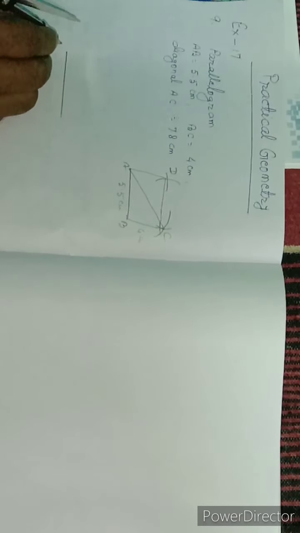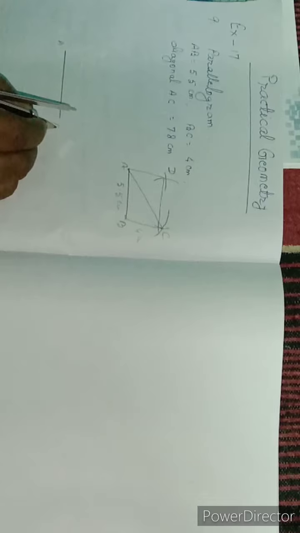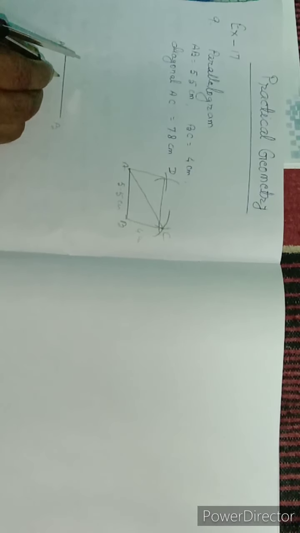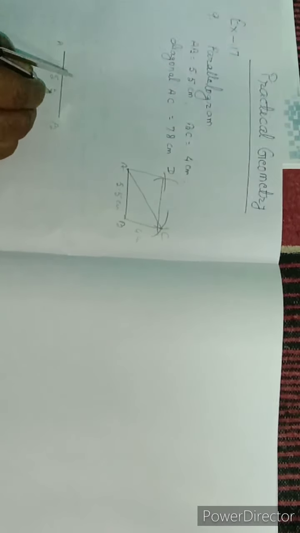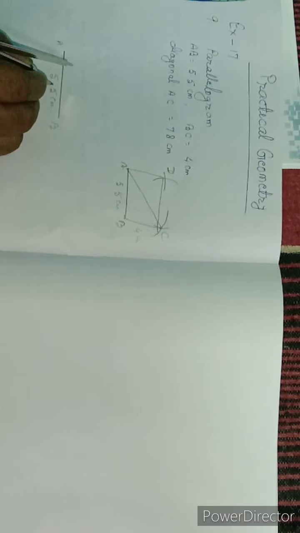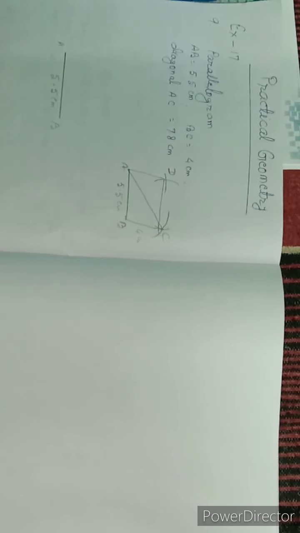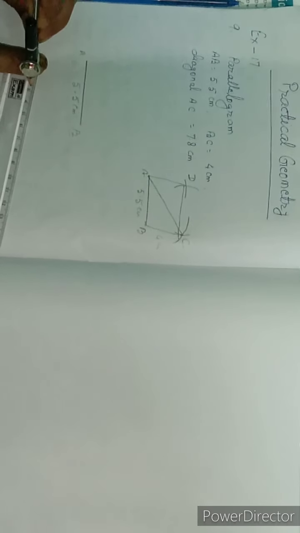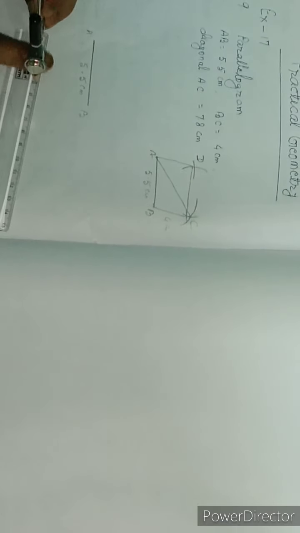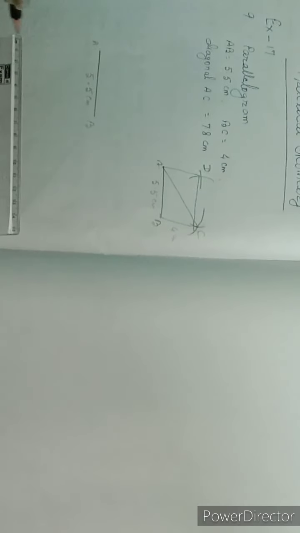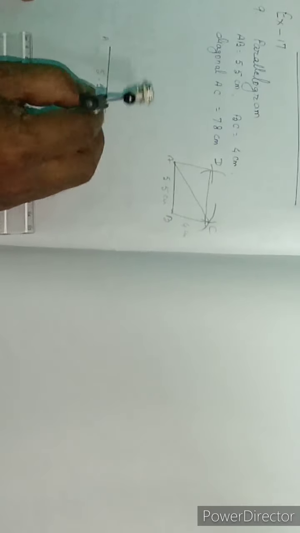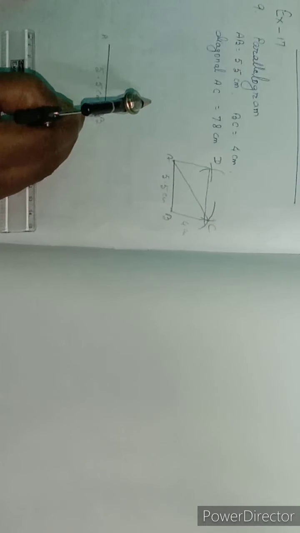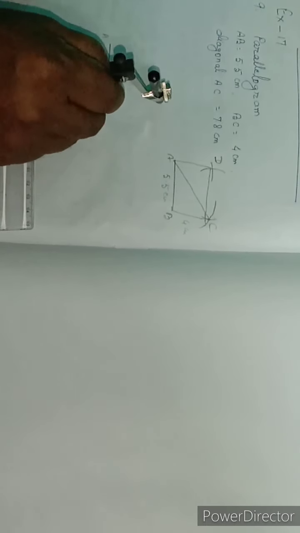Here we write the AB measurement, 5.5 centimeter. Then we measure BC as the radius on the scale by our compasses, 4 centimeter. Use B as the center and draw an arc of 4 centimeter.